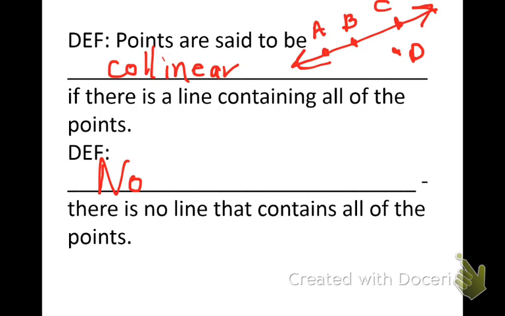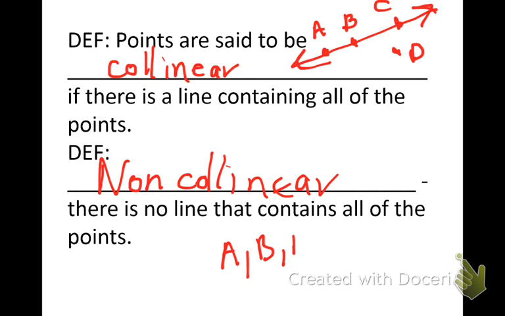Non-collinear means there is no line that contains all the points. In the picture above, A, B, and D, you could say are non-collinear.